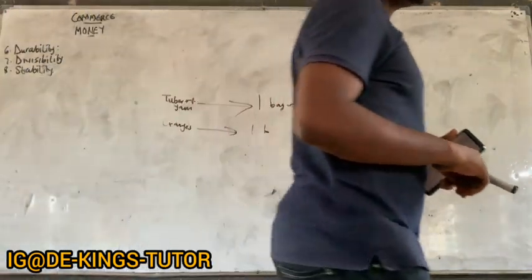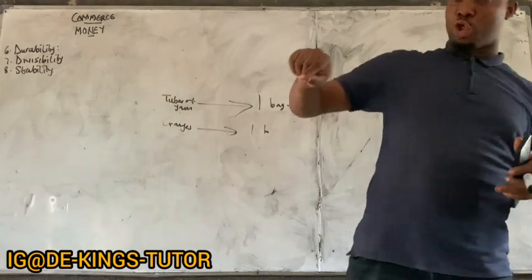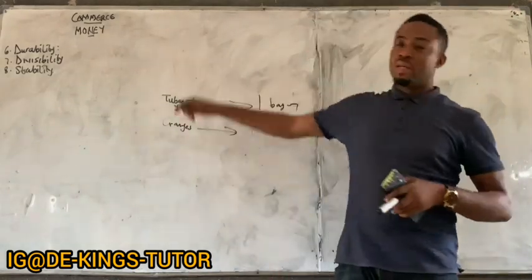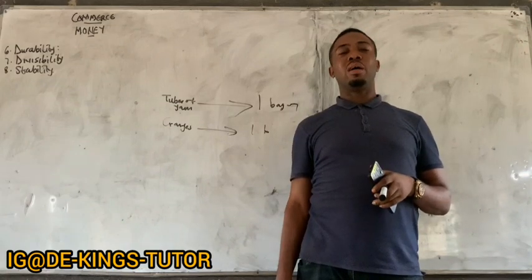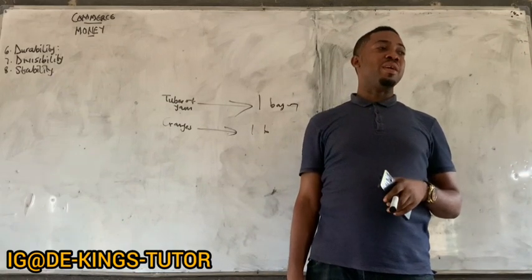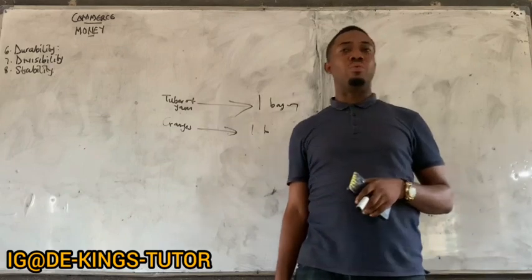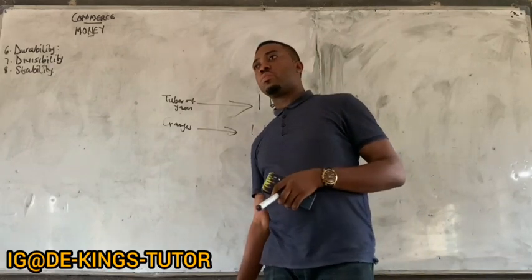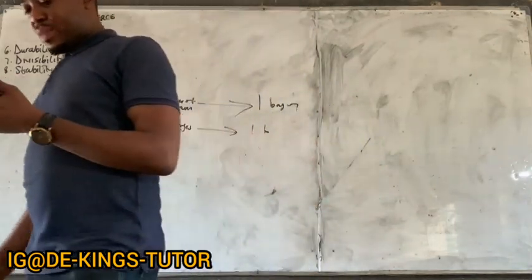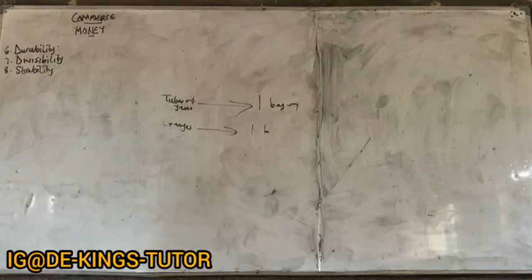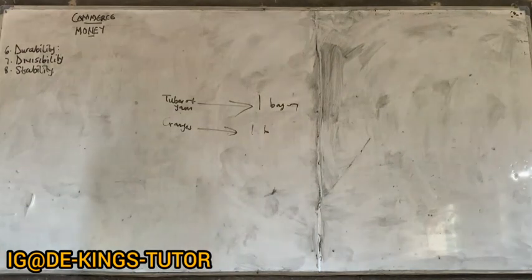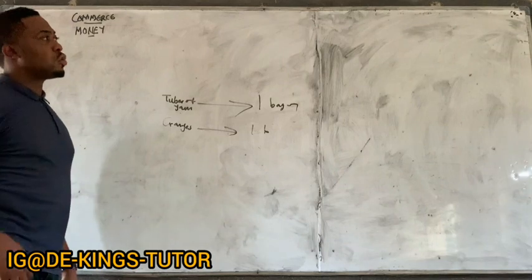This characteristic of money ensures that business is predictable. This characteristic of money ensures that business is what? Predictable. Full stop.